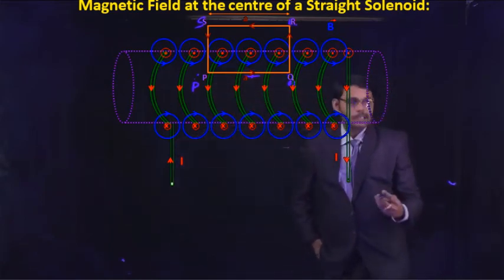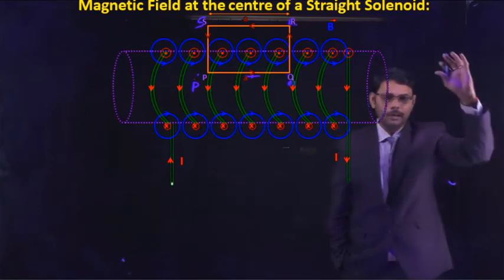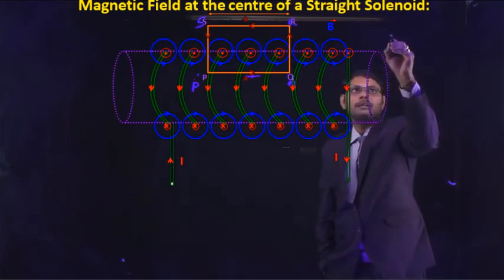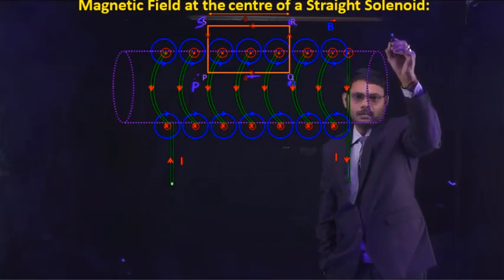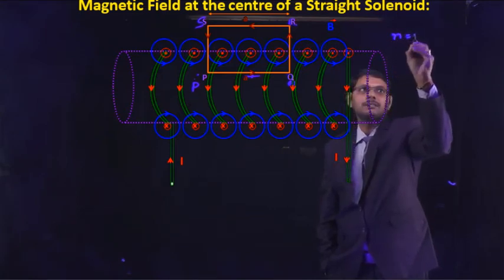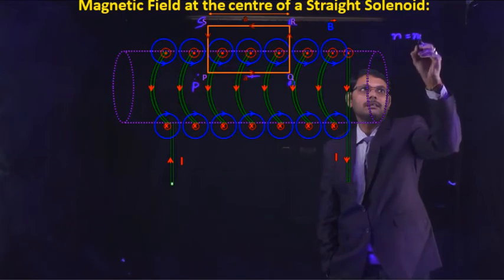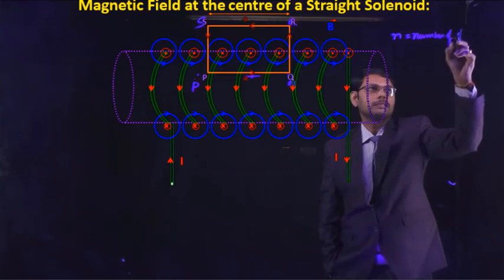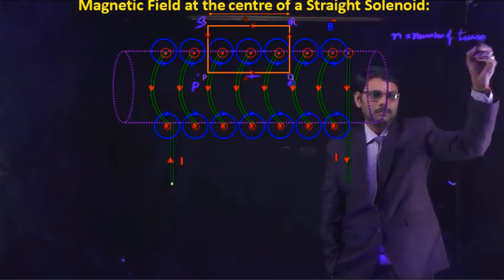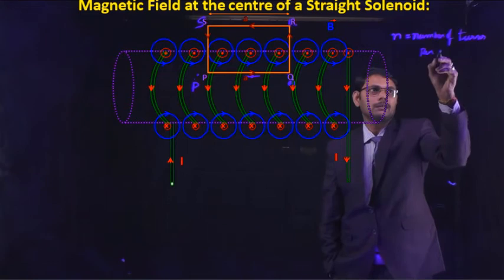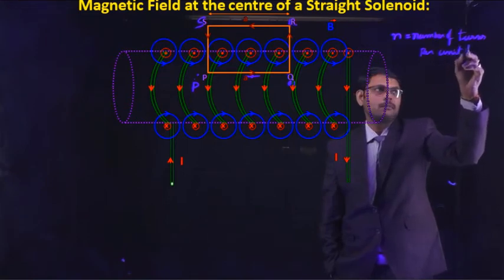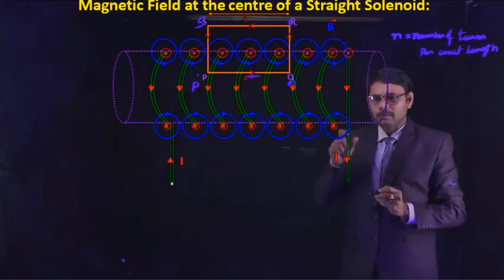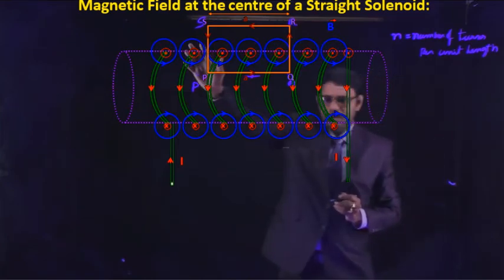In the solenoid, let small n be the number of turns per unit length. Students, the number of turns per unit length of the solenoid means the number of circular turns.